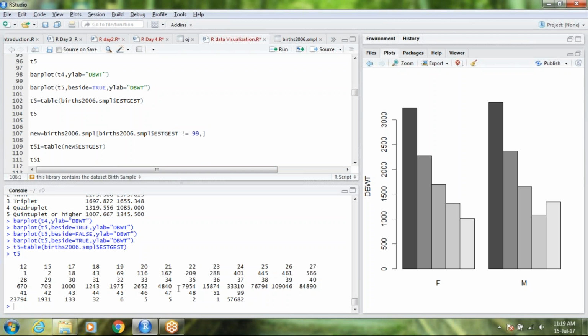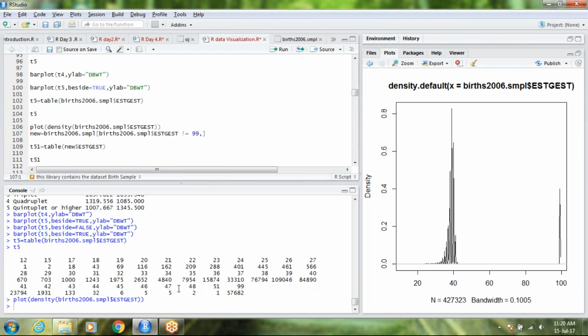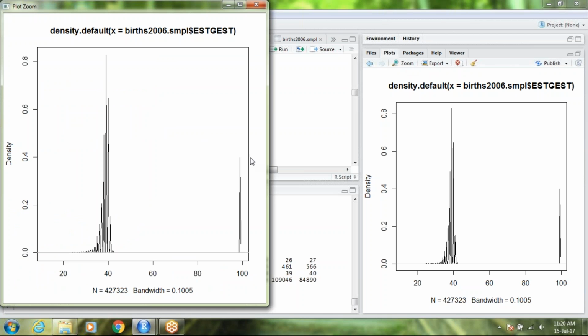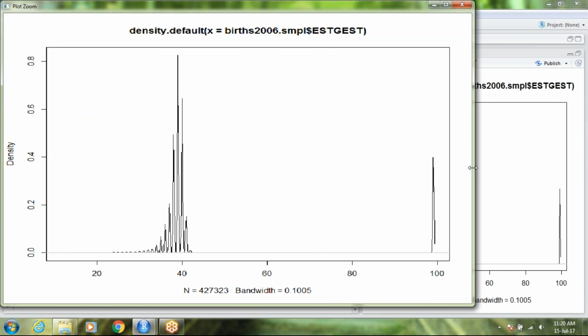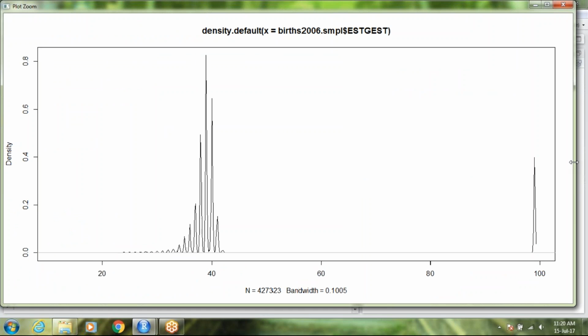So let's say I make a plot of it and understand how it goes. So plot and density. Here actually it is a discrete value, and for this reason I think there is an up and down every time.